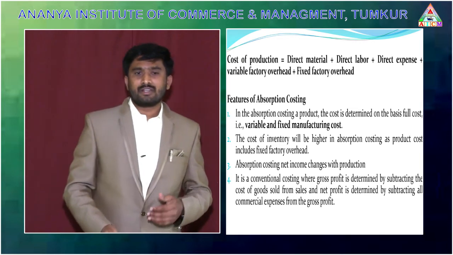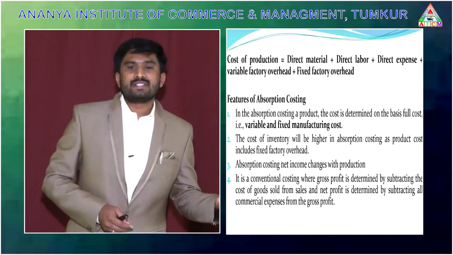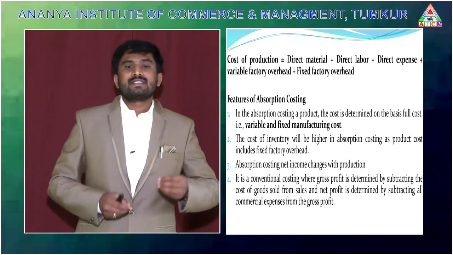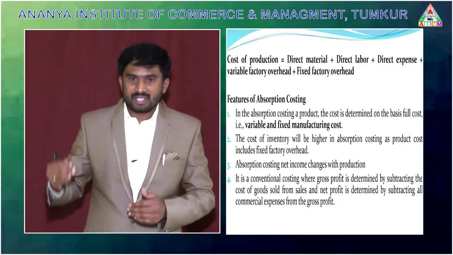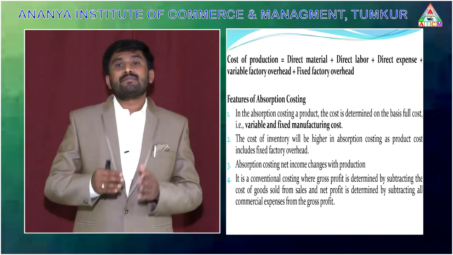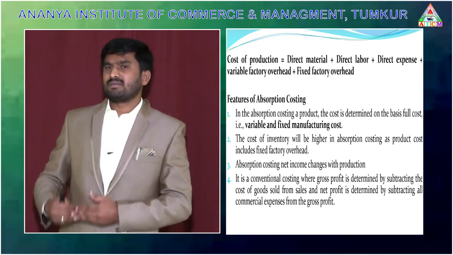Then next we are going to the fourth one. It is a conventional costing where gross profit is determined by subtracting the cost of goods sold from sales, and net profit is determined by subtracting all commercial expenses from the gross profit.